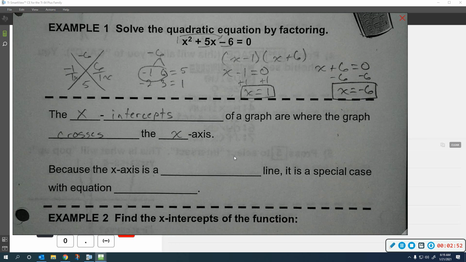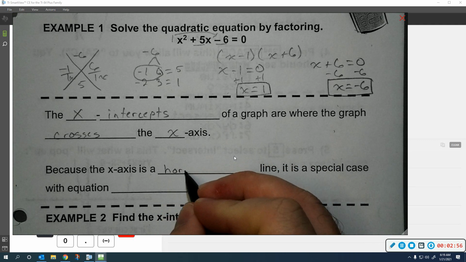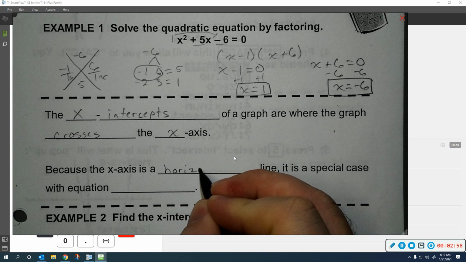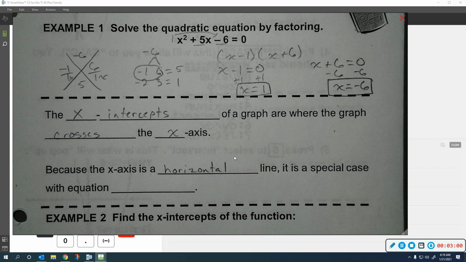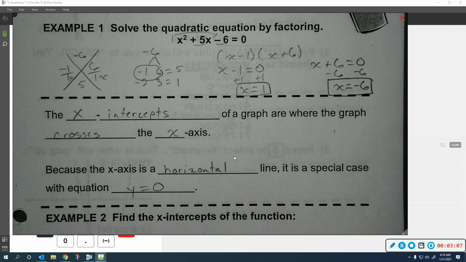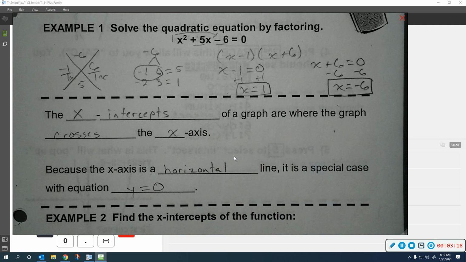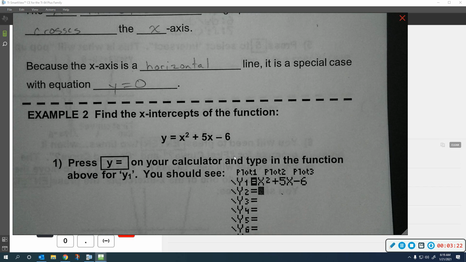Now, because the x-axis is a horizontal line, it is a special case with the equation y equals 0. Now, what we're going to learn today through the notes and through practicing on the calculator is that the x-intercepts will match up with our solutions. So let's go over the steps on finding the x-intercepts on the function.